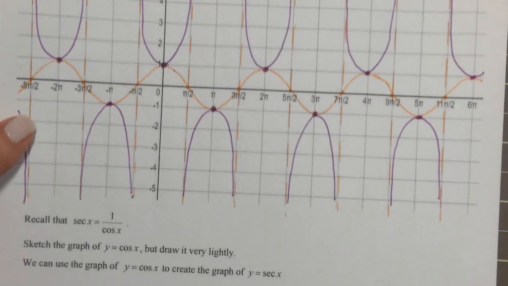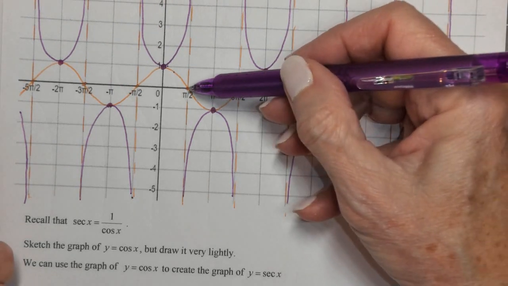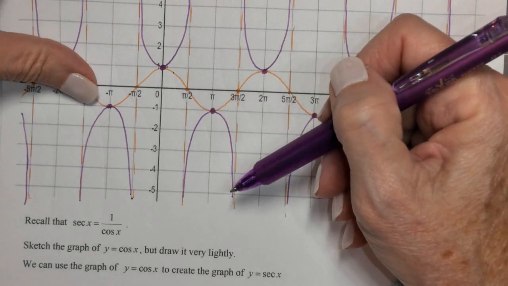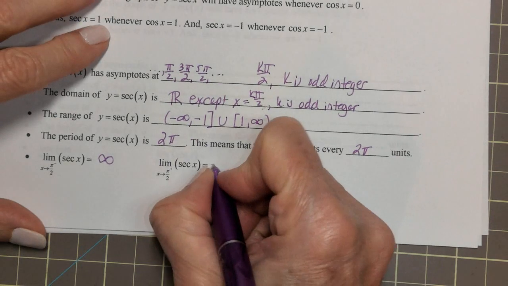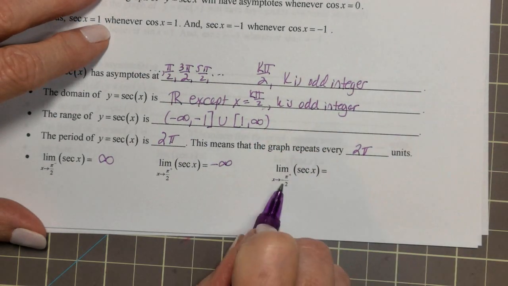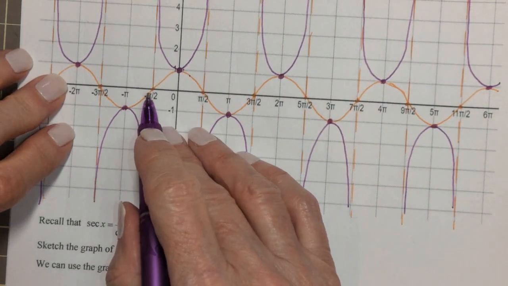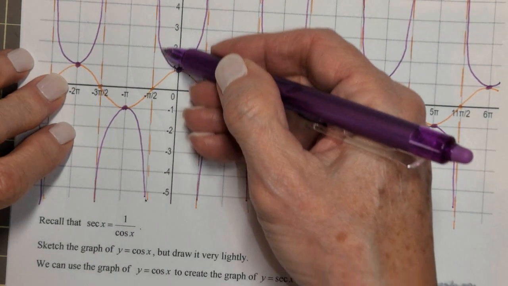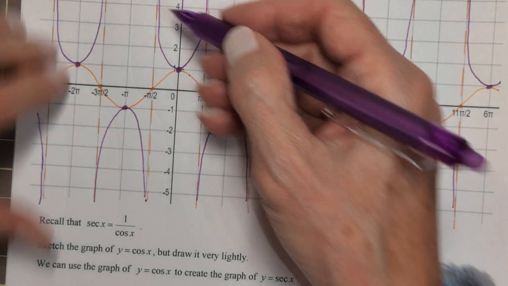Pi over 2 from the right, -infinity. Negative pi over 2 on the right, that's infinity.